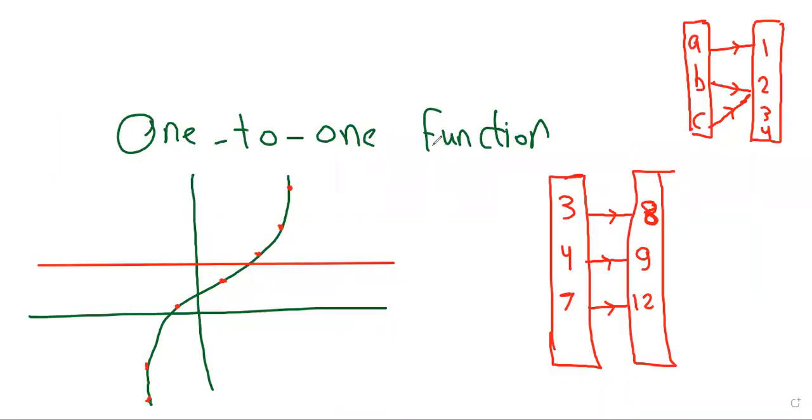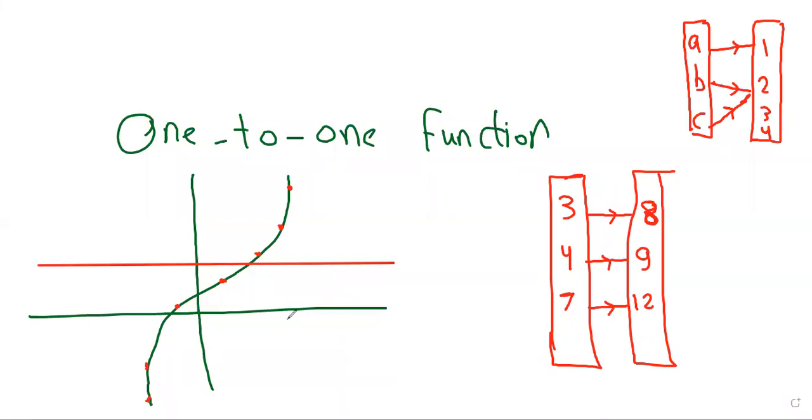The one-to-one function. We say that the function is one-to-one if every element in X has only one image in Y, and this image couldn't be reached by any other X. Like what?